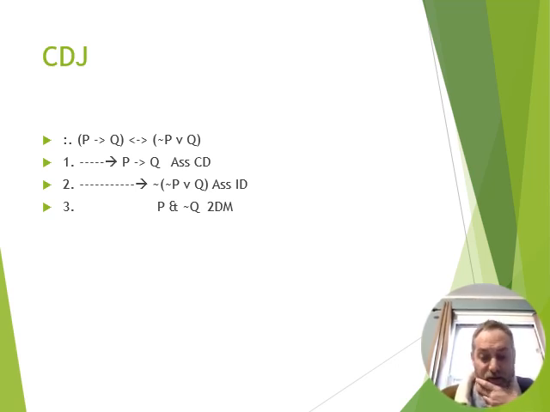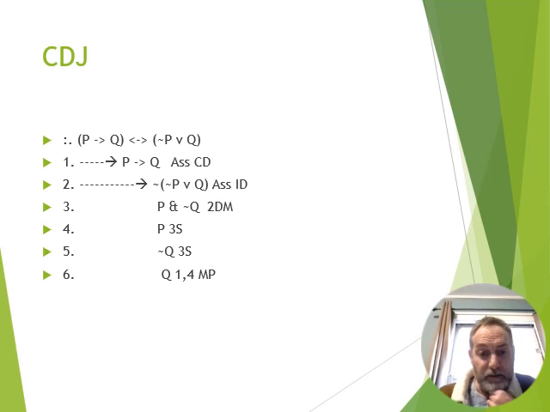Okay, so now we've got this conjunction. What do we do with it? Remember, we're in an indirect derivation here, so we're trying to produce some sort of contradiction. So let me simplify that conjunction out into its parts. So we've got P from simplification from 3, and we've got not Q from simplification from 3. So I'm just going to do modus ponens with line 1 and 4 and get myself Q, right?